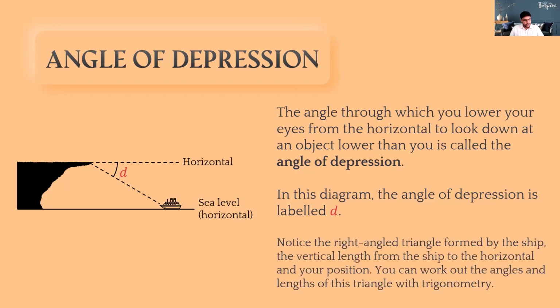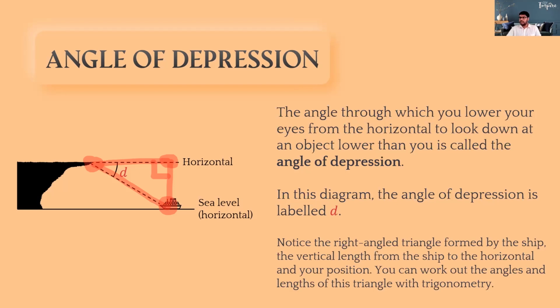So again, children, you will notice that there is a right angle triangle formed by the ship, then the vertical length from the ship to the horizontal, so that means this point here, and your position. So that means, children, you get a right angle triangle like this, right? And again, using sine, cos, and tan, you can work out the lengths and angles with trigonometry, right?